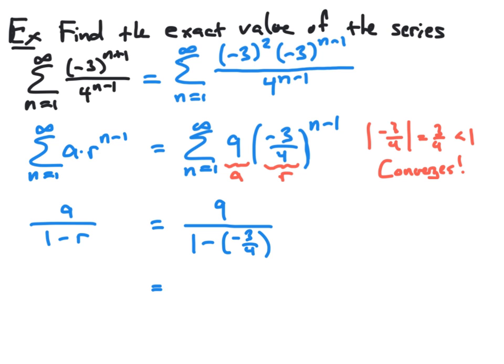We can, of course, compute the denominator there. It will be 1 plus 3/4, which is 7/4. And so we have 9 over 7/4, which we can compute to be 36/7. And so the exact value of the series that we were given here will be the fraction 36/7.